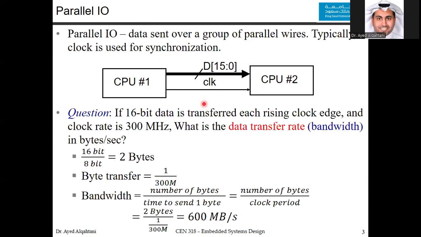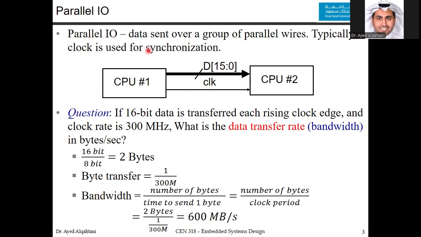So let's start. When we say parallel I/O, we mean that the data is sent over a group of parallel wires. As you can see here in this bus, we have 16 bits. The data is traveling from CPU1 to CPU2 as a group of parallel wires of 16 bits.